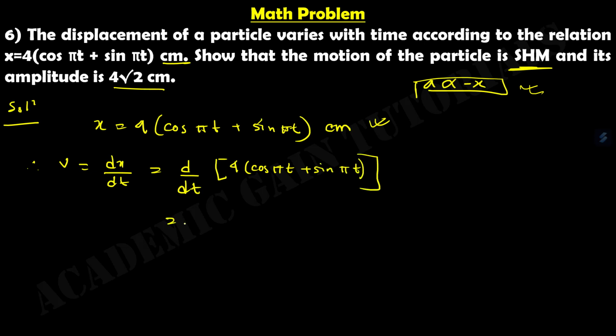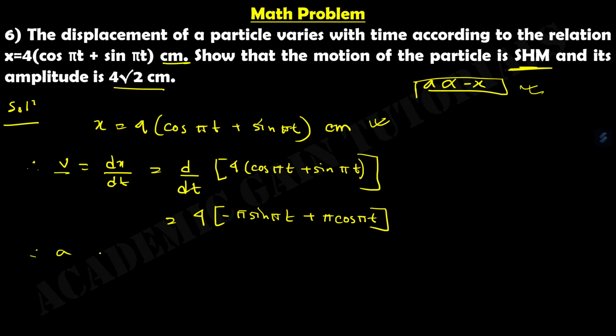If I differentiate this equation, I will get 4 times minus pi sine pi t plus pi cos of pi t. So this is the equation for our velocity.